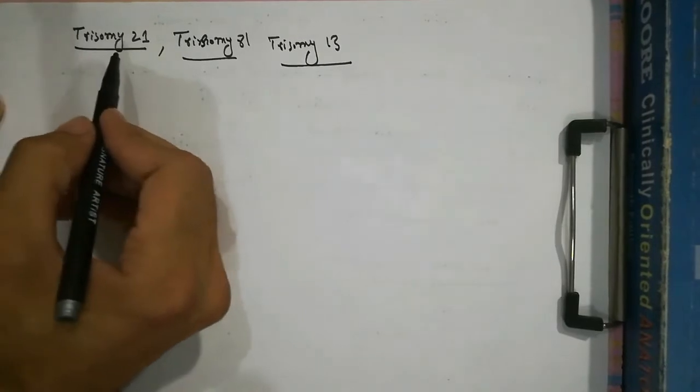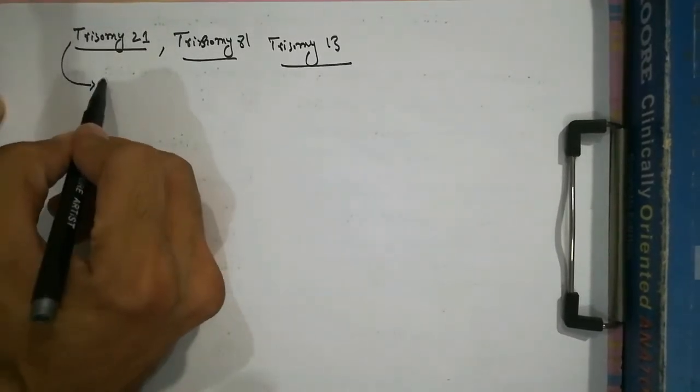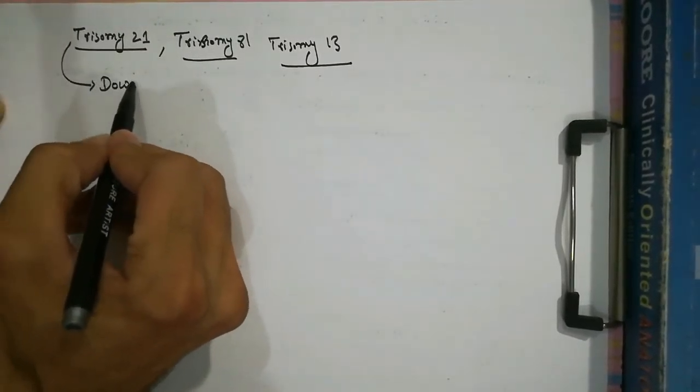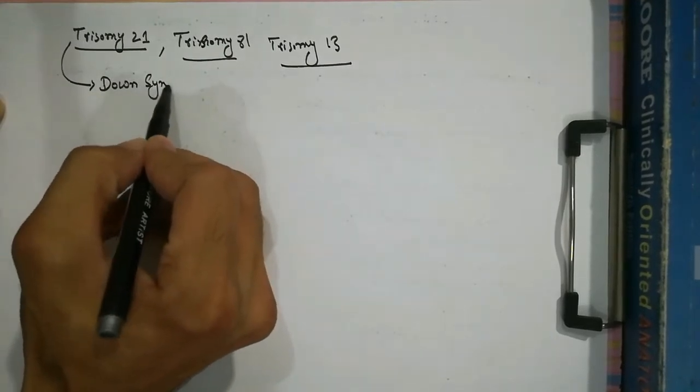Trisomy 21 is also called Down syndrome.